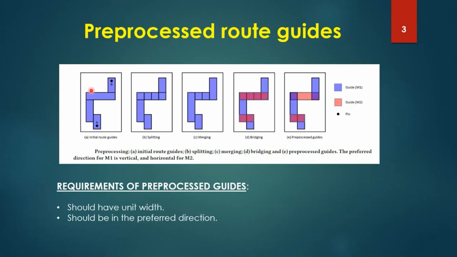This will result in formation of capacitance, and then that will degrade the signals. That's the reason why you have alternate orientations of the metal layers. That is, metal layer 1 is vertical, metal layer 2 is horizontal, then 3 will be vertical, and so on, to reduce the common capacitive area between these layers. So this is what the pre-processed routing guide actually stands for.